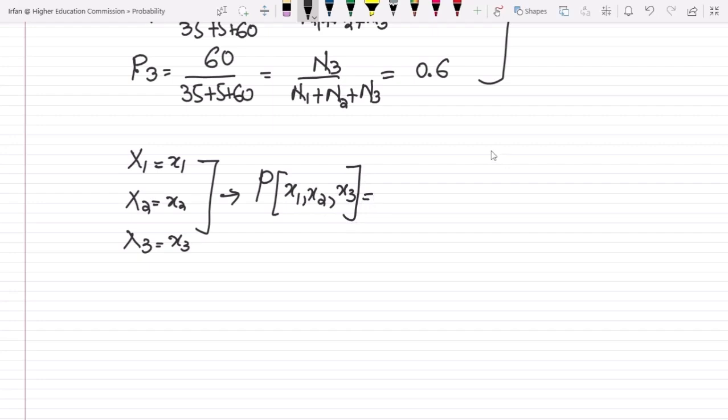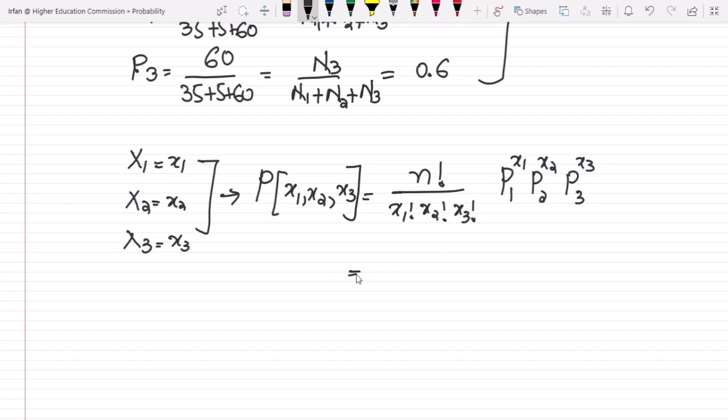It will be n factorial divided by x1 factorial, x2 factorial, x3 factorial, and their probabilities, which will be p1 raised to power x1, p2 raised to power x2, and p3 raised to power x3. Okay, so let me write their values.